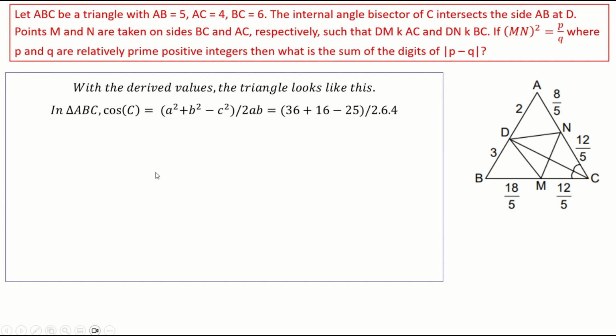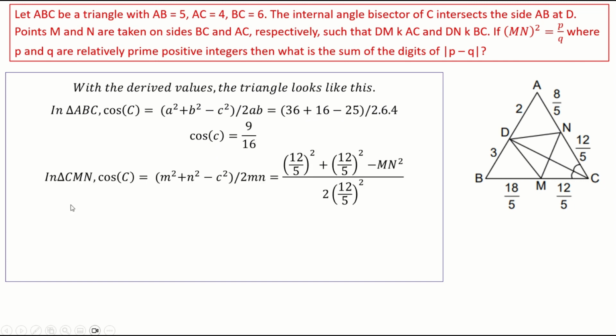Now, in triangle ABC, cos C, which is cos 2 theta, equals (a square plus b square minus c square) by 2ab. Which means (36 plus 16 minus 25) by (2 into 6 into 4). So cos C equals 9 by 16.